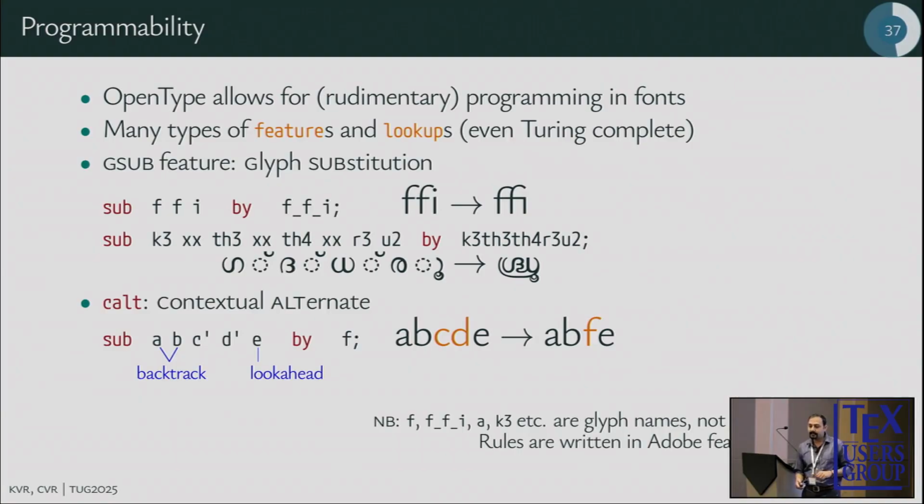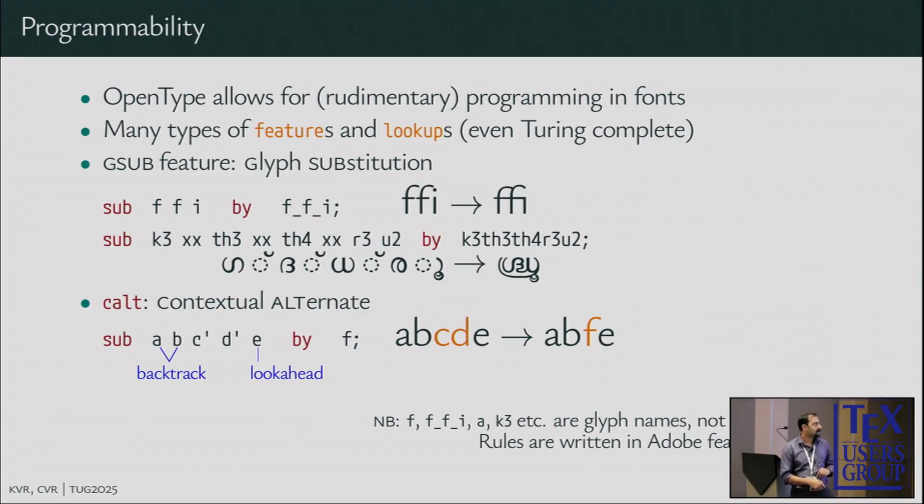So technically, or in syntactical analysis, the preceding characters are known as backtrack, and the following characters are known as lookahead. You can have any number of glyphs following this or preceding this. I don't think there are limitations.